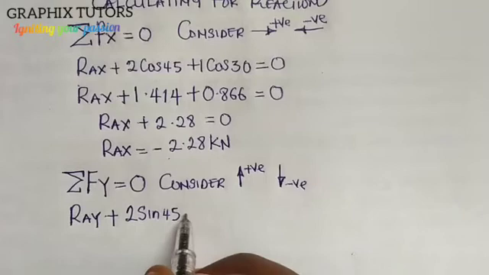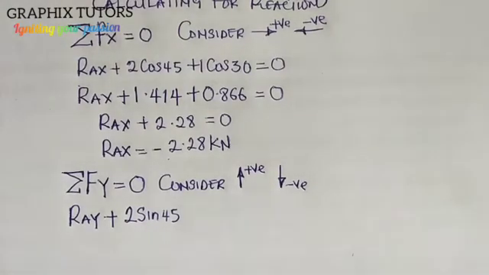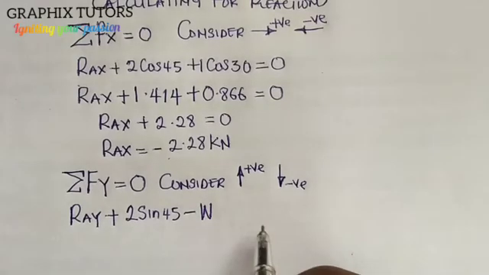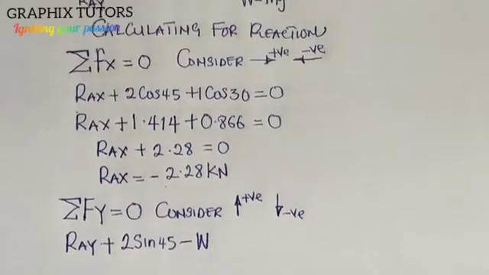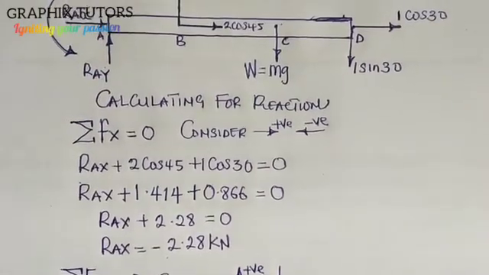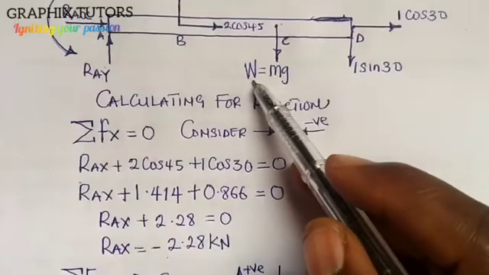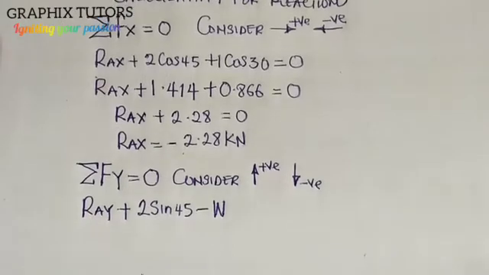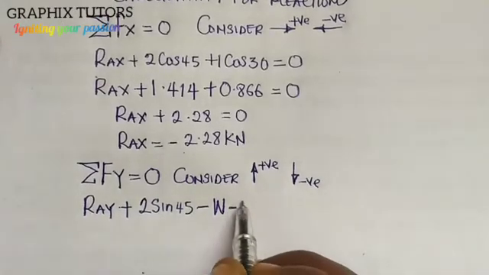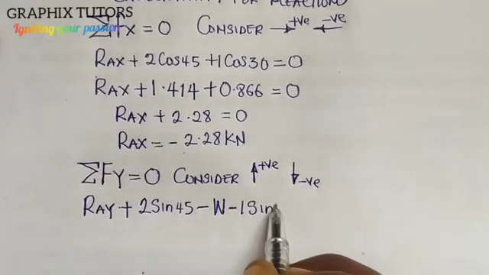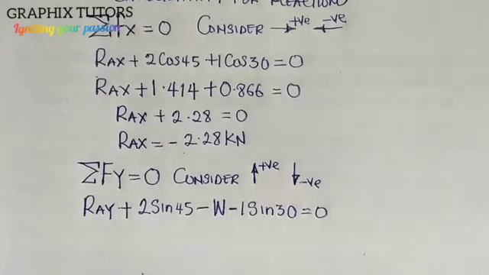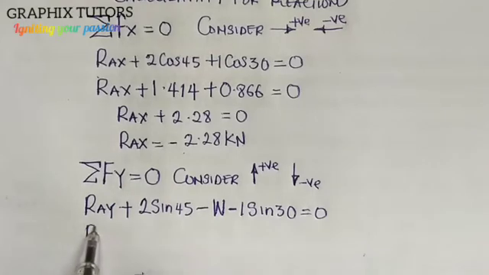Then plus the next one we have is facing down, and that will be minus W, right? Look at it, minus W is facing down, then minus 1 sine 30 equals to what? 0.